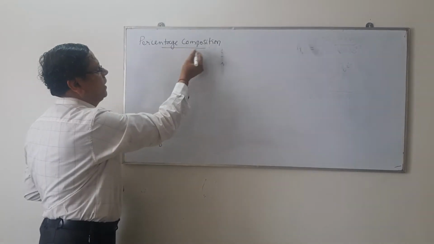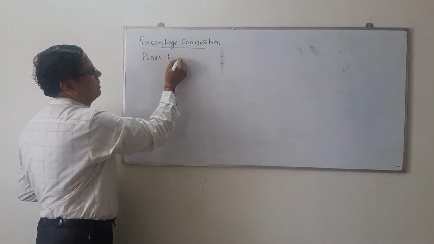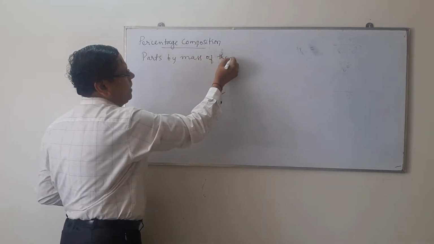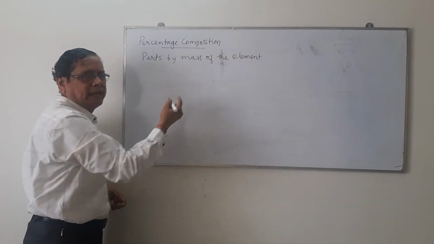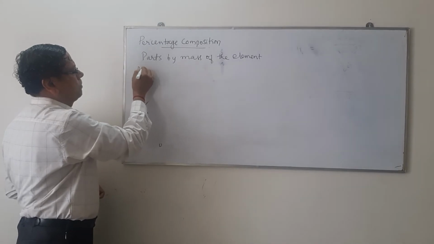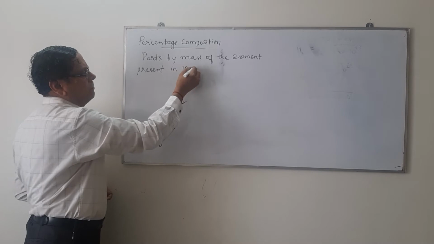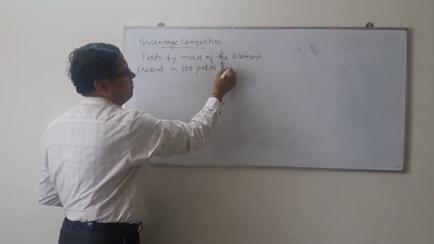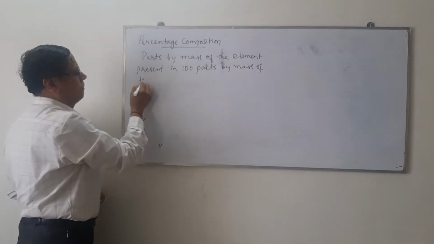So this can be defined as parts by mass of the element present in 100 parts by mass of the compound. I am defining this as the percentage composition of an element.